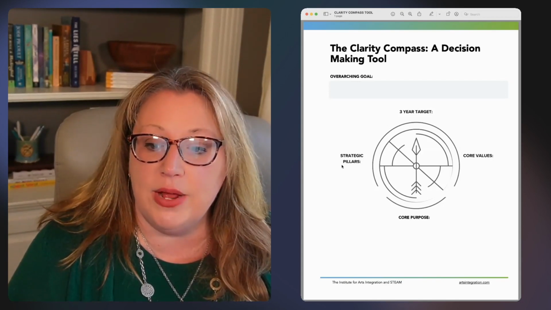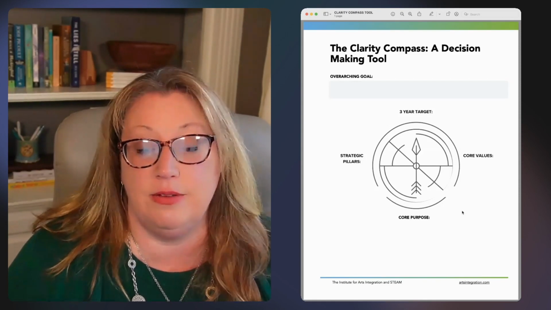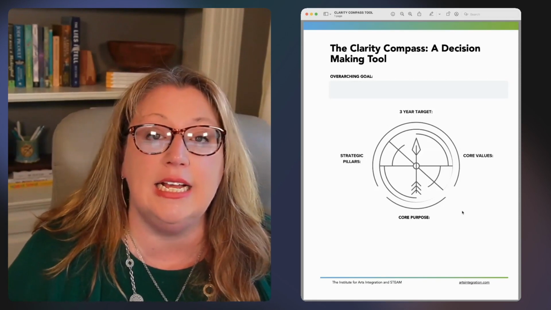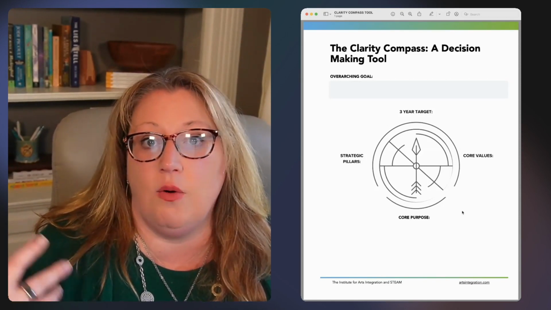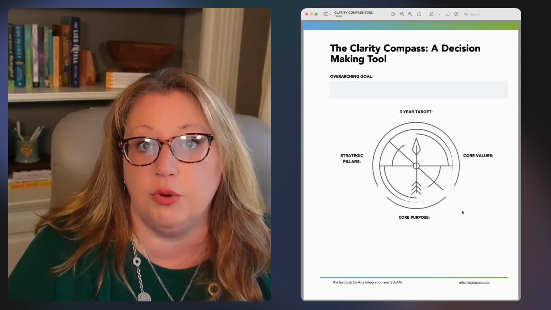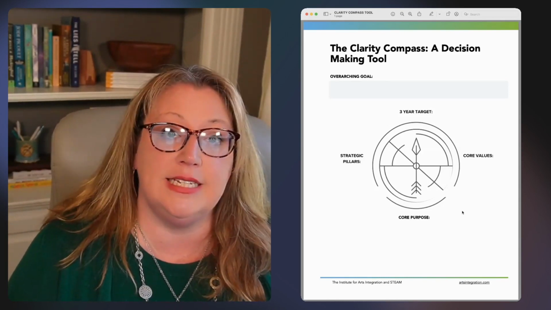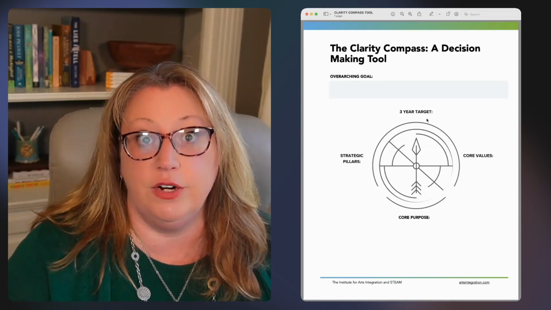Now, one thing I want to say when we go through these, so this is really easy, by the way, once you have these things written down, then you can take any opportunity or any idea or discussion point or something that you're working through as a decision and put it through this compass. And if it meets all of the areas of your compass, move forward with it.